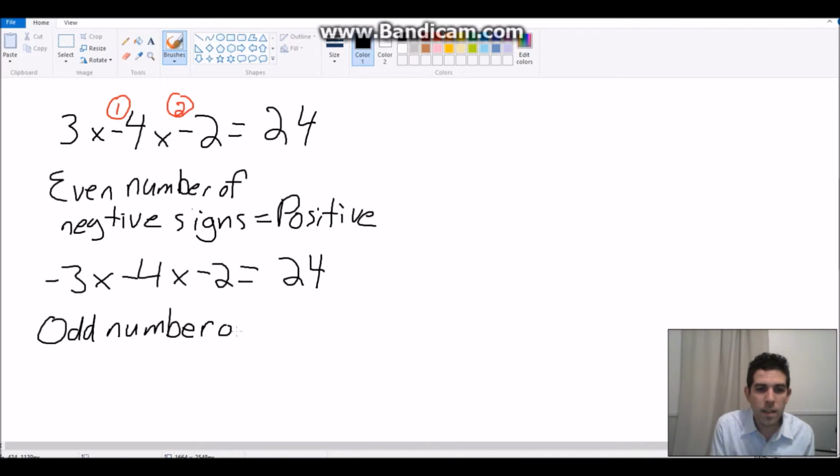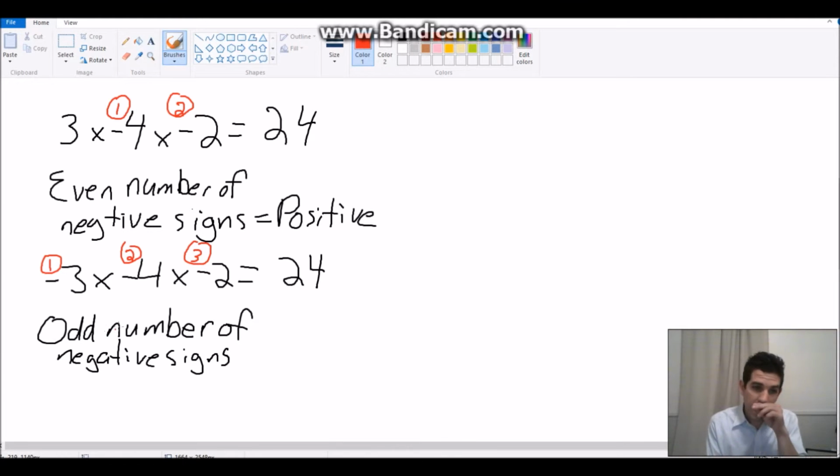I'm talking about the actual number of negative signs. Count the negative signs. And how many do you see in this problem here? Well, let's count them. 1 negative sign, 2 negative signs, 3 negative signs. 3 is an odd number. We have an odd number of negative signs. An odd number of negative signs will give us a negative answer.